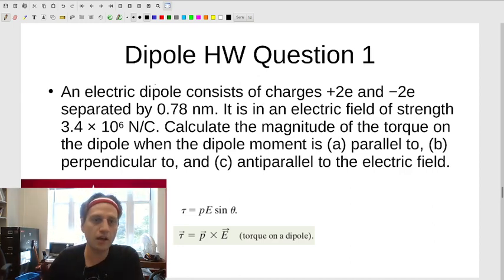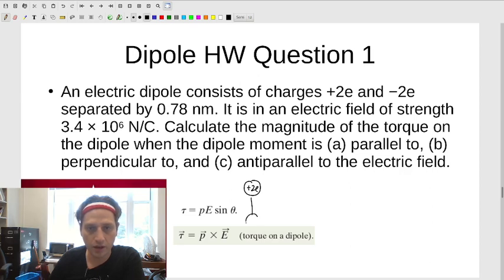It says an electric dipole consists of charges of plus 2e and minus 2e separated by 0.78 nanometers. Okay, so I've got my plus 2e and minus 2e, and this is 0.78 nanometers. So I already can calculate my dipole moment from this.